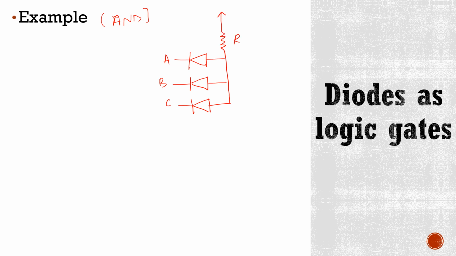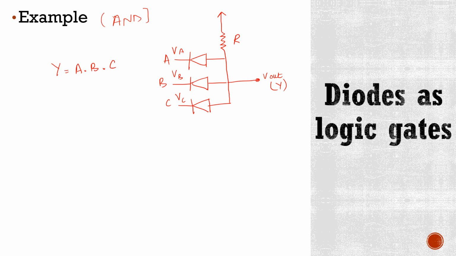Here voltage is VA, VB, and here VC. And here is output voltage V out or Y. Now, in case of logic AND function, output is true only if all the input values are true. So it is expressed as Y is equal to A multiplied by B multiplied by C.